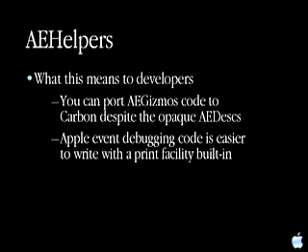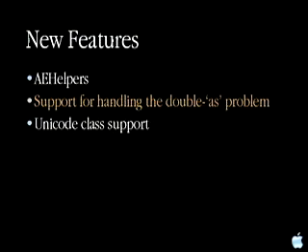For developers, it means that if you've got code that relies on AE gizmos, you can port it to macOS 10 or to Carbon applications on macOS 9 without having to carry on that old link library. And with the AE print facility that I'm going to show you more of a little later, it helps you debug because you can actually see what's going on inside your descriptors in a printf function.